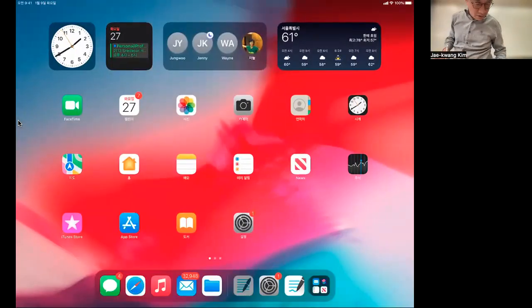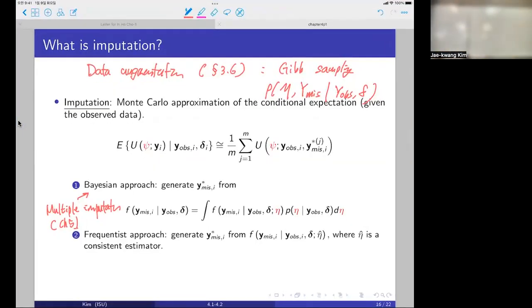We want to generate eta and Y miss jointly given the observed data. We don't know this joint distribution, but we have a conditionally specified model. If we know eta, then the prediction model is easy.